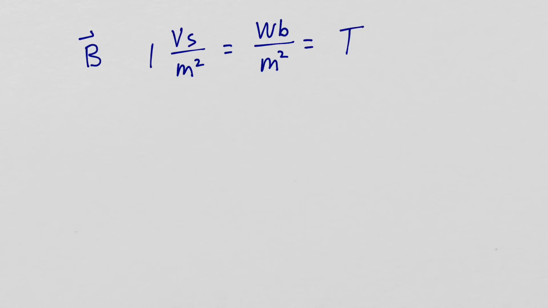So 1 volt-second per meter squared equals 1 Weber per meter squared, which is equal to 1 Tesla. Now 1 Tesla is a very large magnetic field, so another unit is sometimes used, the Gauss. And 10,000 Gauss are equal to 1 Tesla.